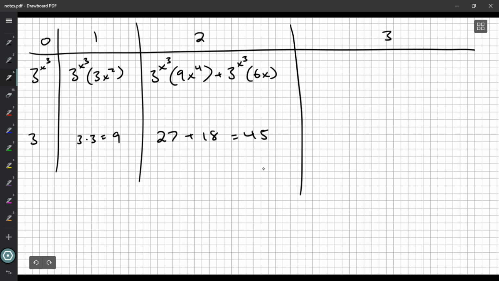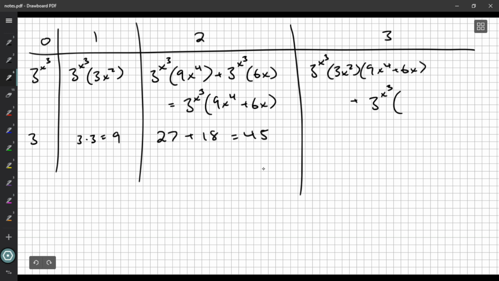Now for our third derivative, something we could do before that is just combine this, so we only have to do one product rule. Now the 4 comes down, we get 36 plus 6.